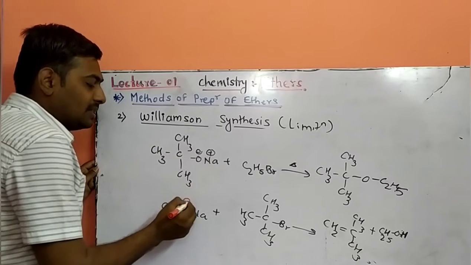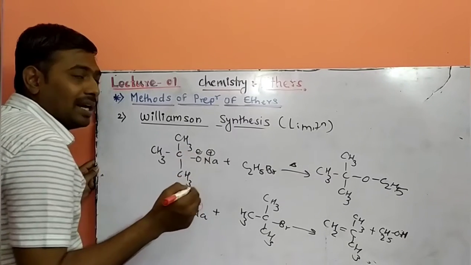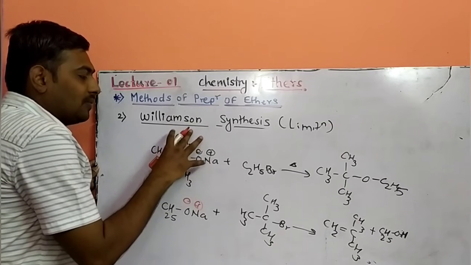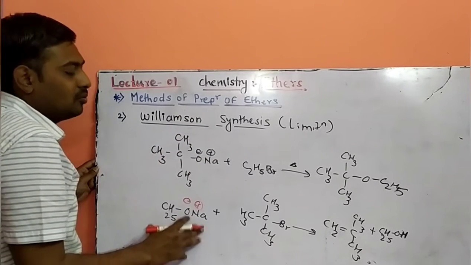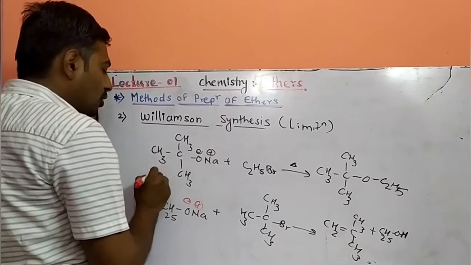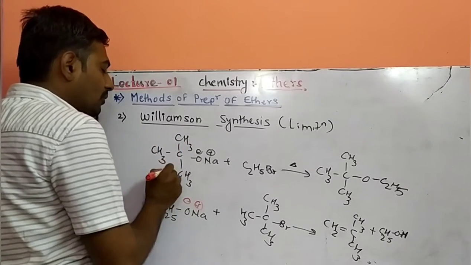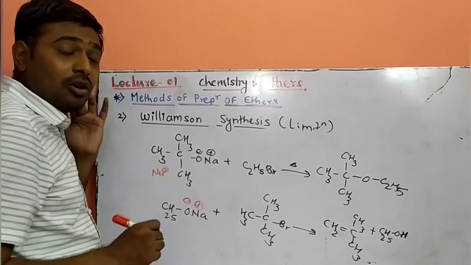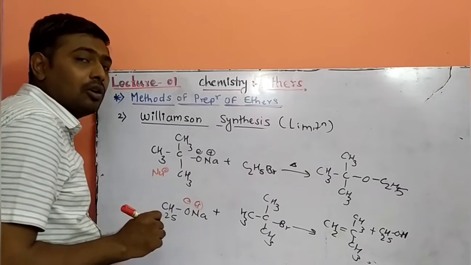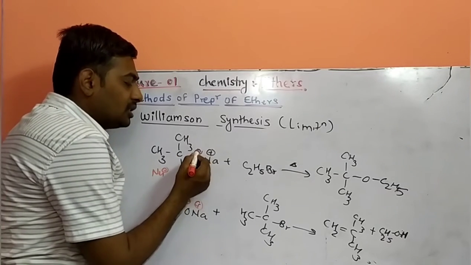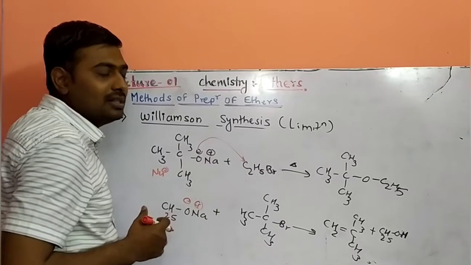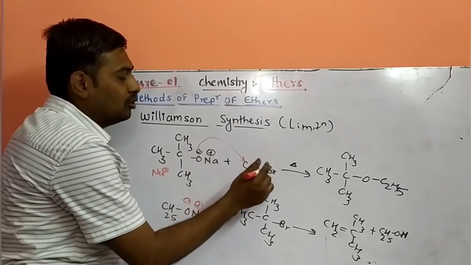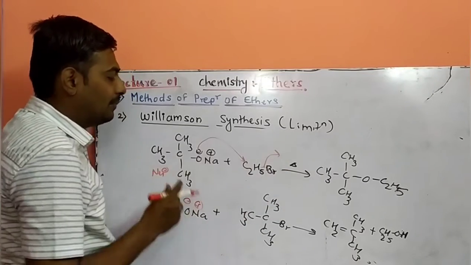Both reactions contain sodium alkoxide ion, but in one the alkoxide ion is larger, in the other it is smaller. This is your nucleophile. A nucleophile is something electron rich that can attack. This nucleophile can easily attack the smaller substrate. This substrate molecule is very small, so it can be attacked to get a substituted product.